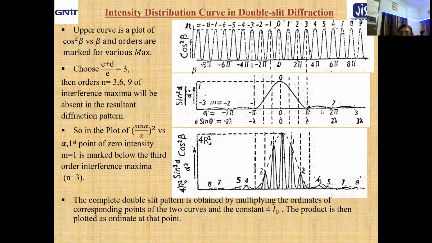Okay. In the region normally occupied by secondary maxima in the single slit diffraction, here we are getting interference maxima and minima of very less intensity, and similarly in the other position of secondary maxima. So this is the overall double slit diffraction pattern due to the superposition of interference and single slit diffraction terms.